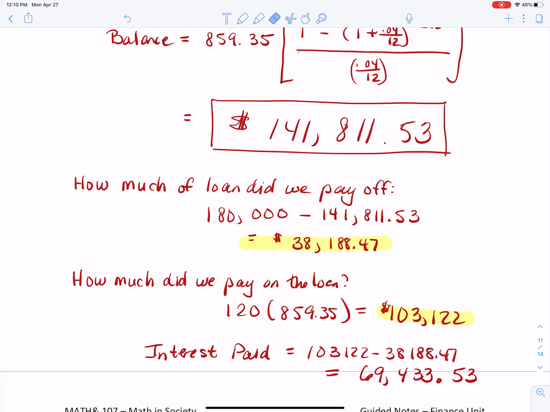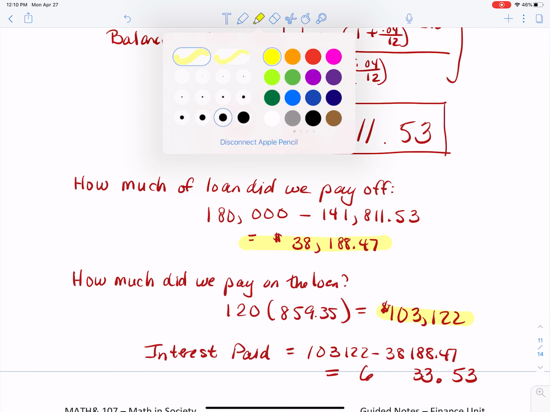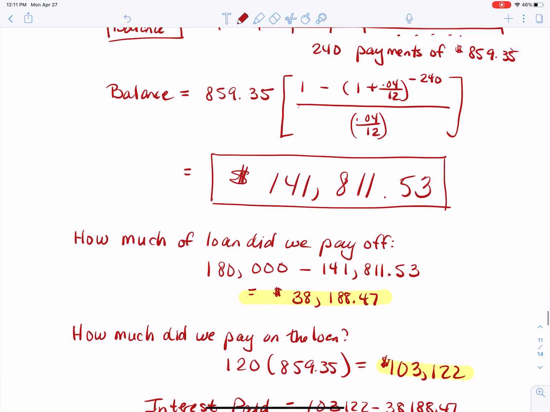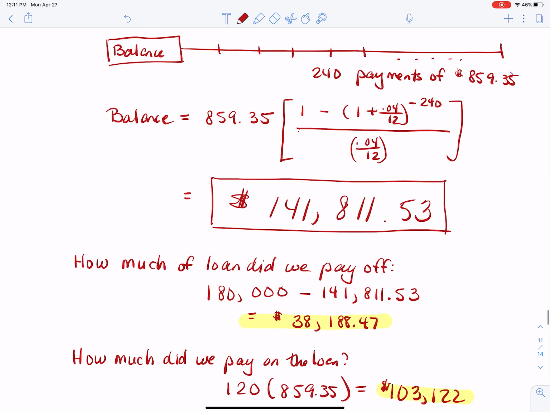Oh, I copied it down wrong there. 64,953. So a lot of interest happening in the beginning part of that loan, but this was just something really interesting to look into. So the answer to the main question is right here.